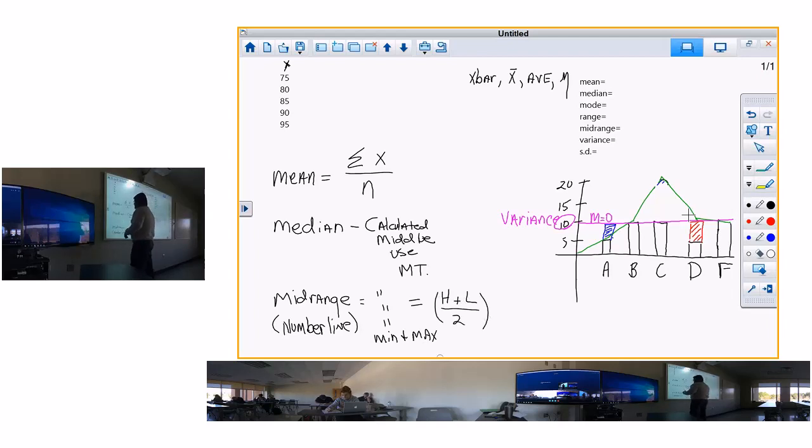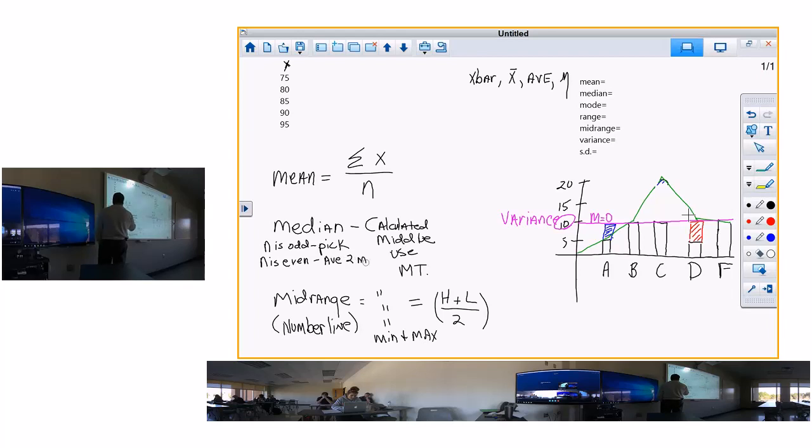The median, if n is odd, you just pick the middle number. If n is even, you average the two middle terms.